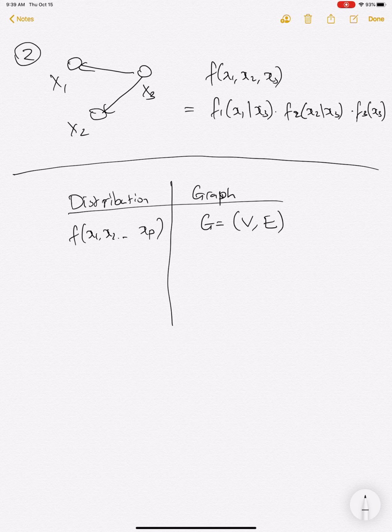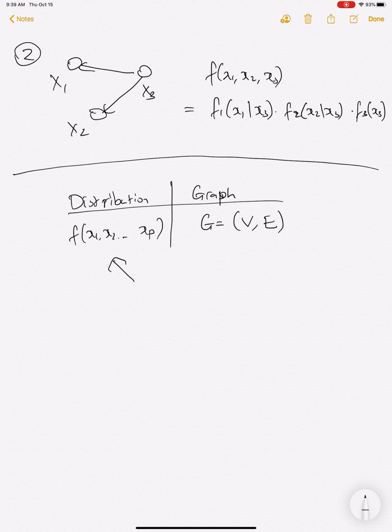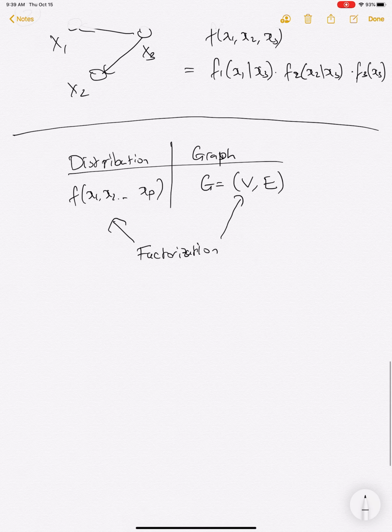And then you need a way to connect them. So one connection we've already learned is factorization.